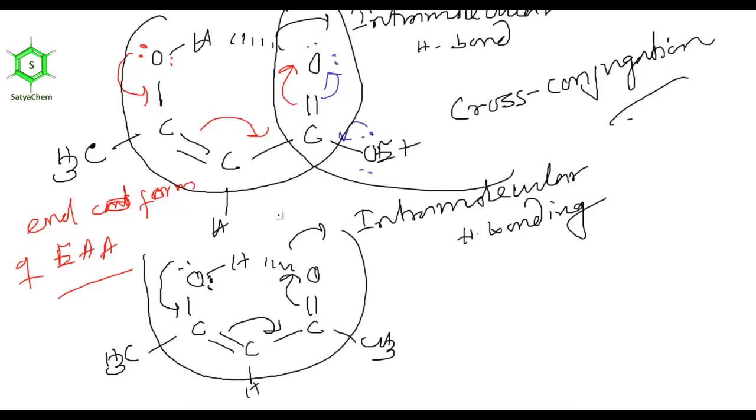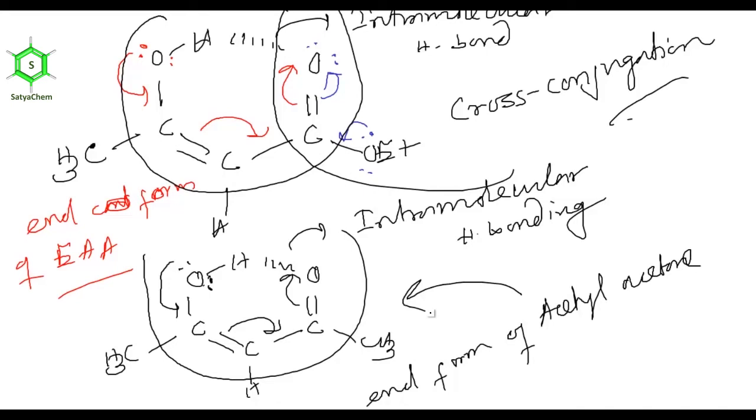It is possible in the enol form of acetyl acetone. That is why the enol content of acetyl acetone is higher than that of the enol form of EAA, ethyl acetoacetate.